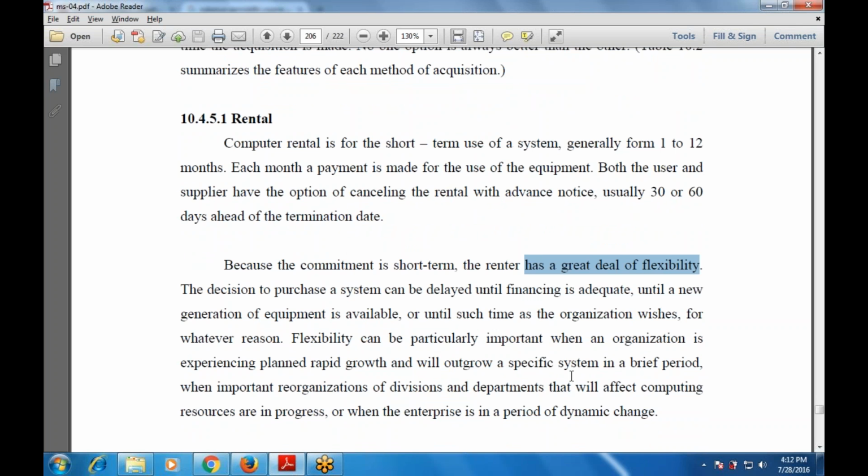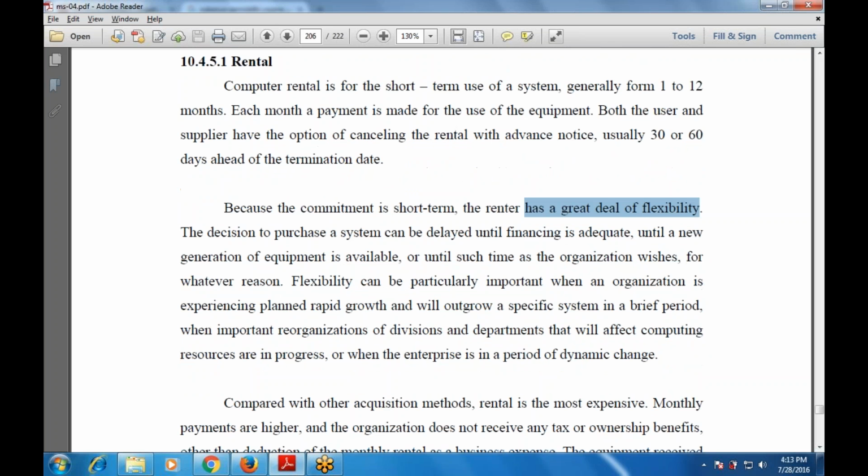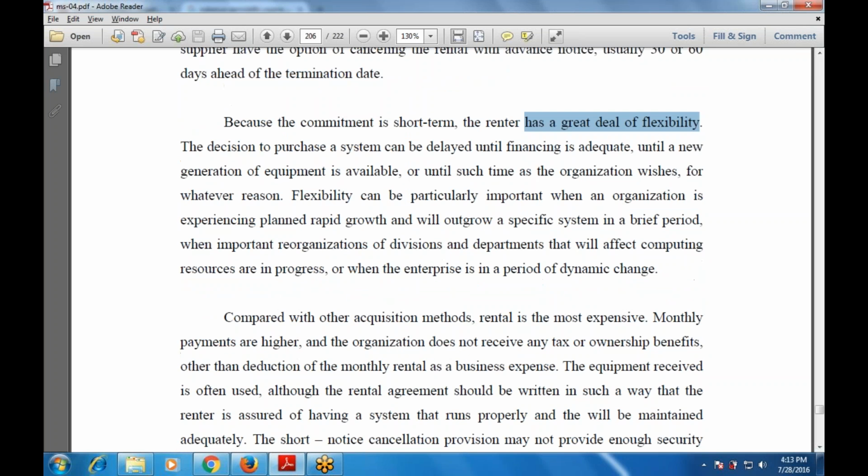When an organization is experiencing rapid growth or is outgrowing a specific system in a brief period, they can pull out of the rental system. It depends on the organization how the rental system will be used, either increasing or decreasing the rent without affecting the computing resources, or when the enterprise is in a period of dynamic change.